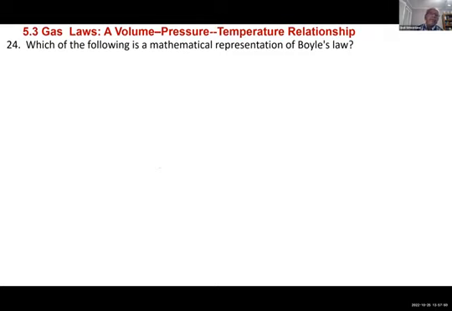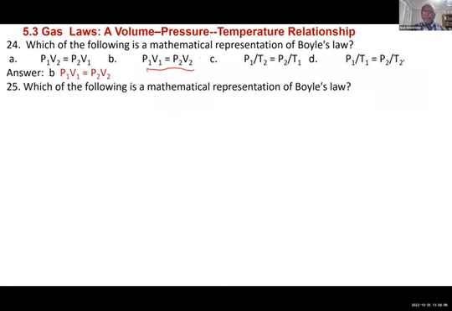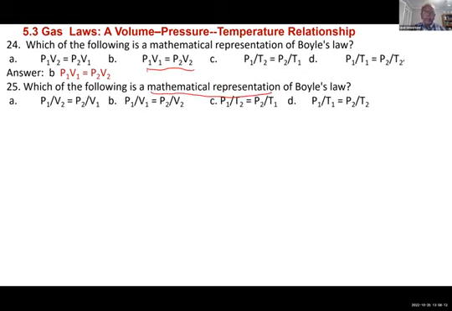Which of the following is a mathematical representation of Boyle's law? It has to be P1V1 is equal to P2V2. That's the answer. Let's see what they give you. So these two are out.